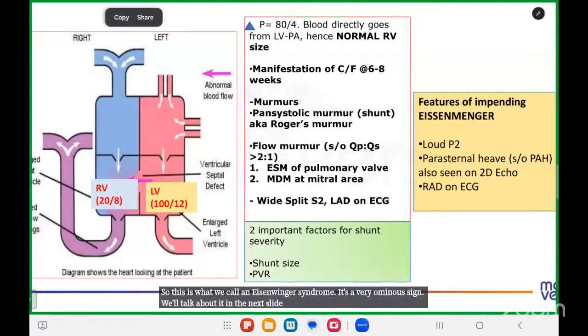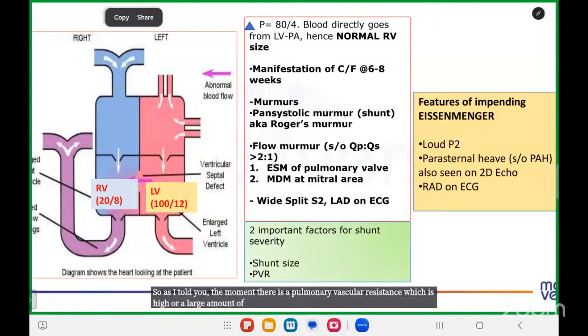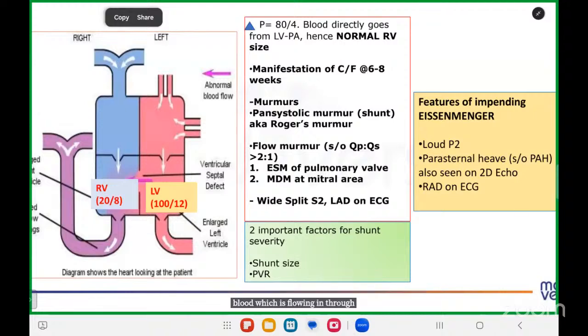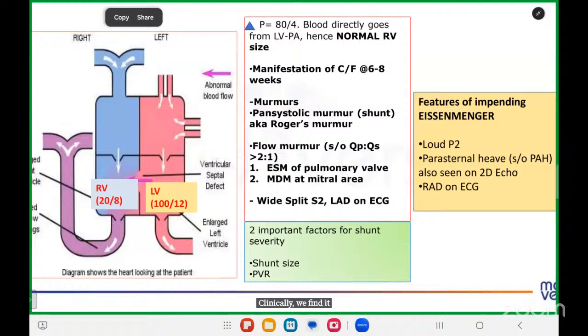But what are the features that suggest an impending Eisenmenger? As I told you, the moment there is a high pulmonary vascular resistance, or a large amount of blood flowing through the pulmonary artery, and it's an uncorrected defect. Anytime there's pulmonary arterial hypertension, clinically we find it in the form of a parasternal heave. On auscultation, we can get a loud P2.